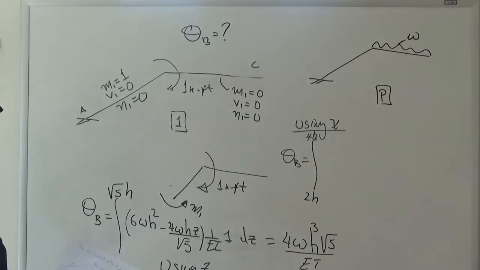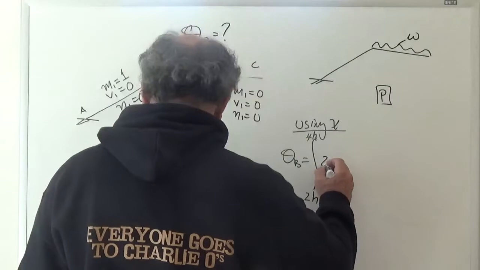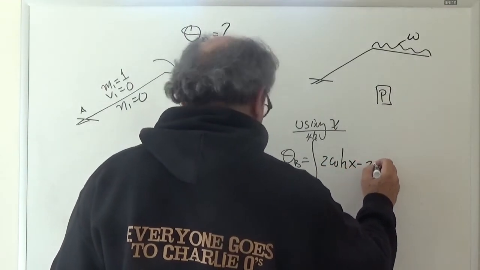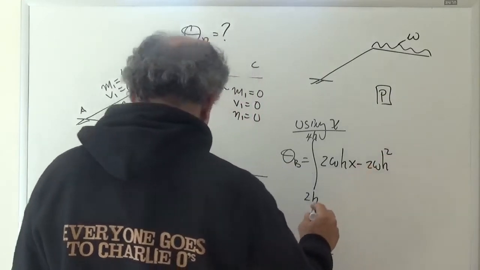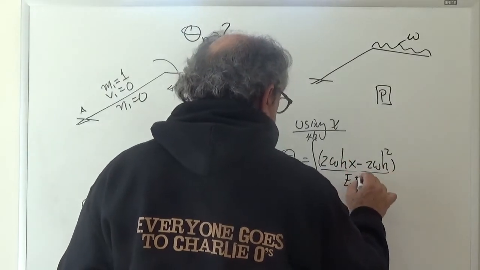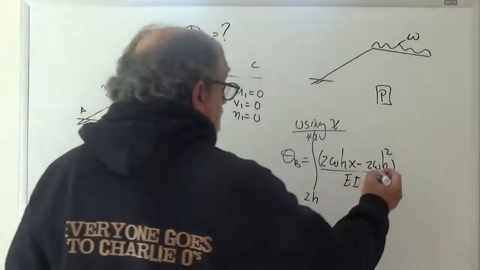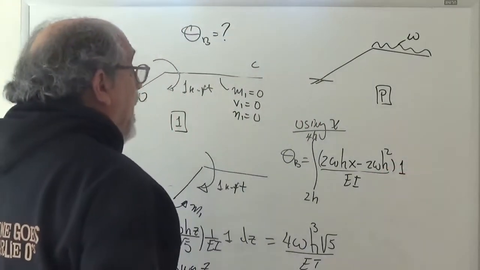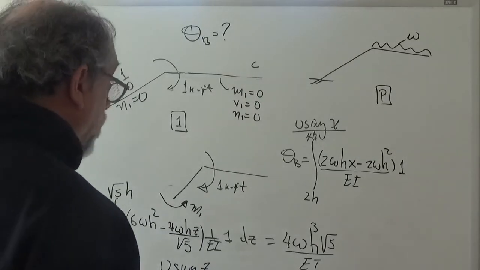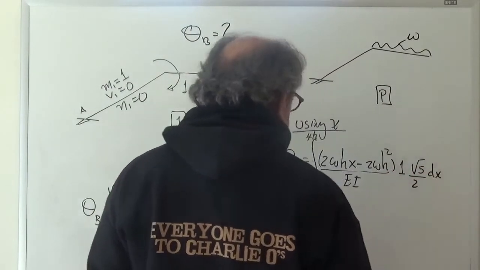Because now we're using X, and it would be the moment MP, which was 2w h x minus 2w h squared, divided by EI, multiplied by the moment M1, which is still the same 1, multiplied times not dx, but ds, which is the square root of 5 divided by 2 dx.